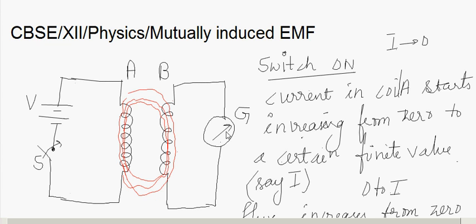Now in this case, if you observe the galvanometer, the deflection will be onto the other side. Why? This is because the current is reducing, that means the flux is also reducing. So the EMF induced is in the opposite direction when compared to the previous case. The EMF induced always opposes the very cause producing it, that is Lenz's law.